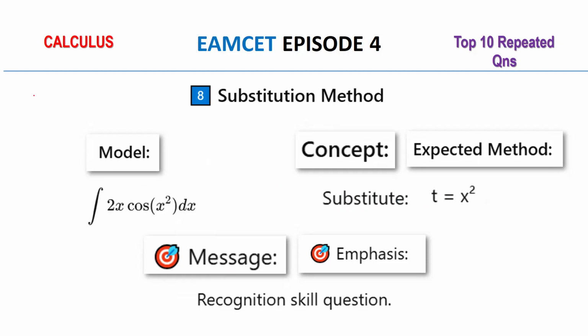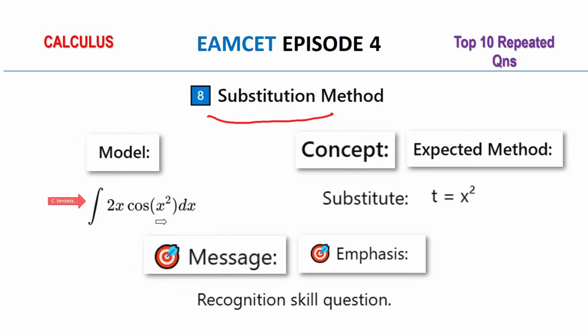Next, the substitution method. Oh my goodness, these problems are highly skill-based questions. You need to do more practice. Now look at this expression: integral of 2x into cos of x square dx.